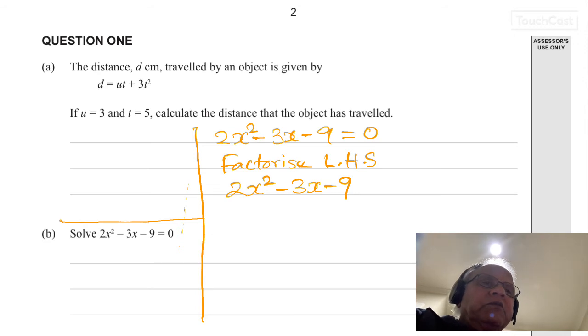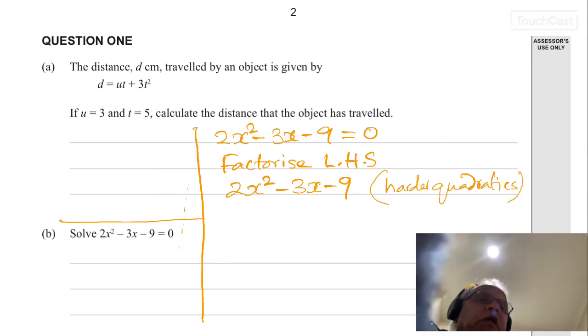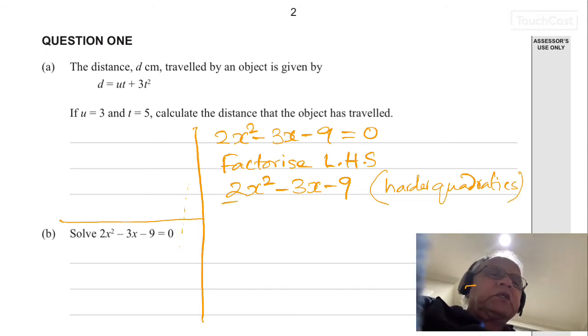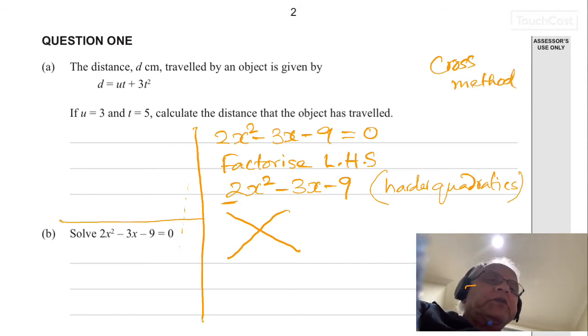Okay, now remember, this is a kind of harder quadratic, right? Harder quadratics, that makes it harder. So, well, different people do it in different ways. This is what we have been talking about, the cross method. This is just a process.